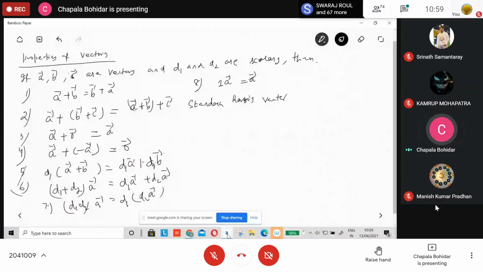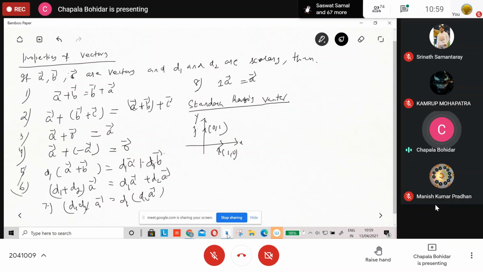standard basis vector. That is the vectors i, j in two dimensions. It is your x, it is your y. So here this is your i cap. We say unit vector, that we define as 1, 0 basis, and here it is j cap, unit vector, that we define as 0, 1.